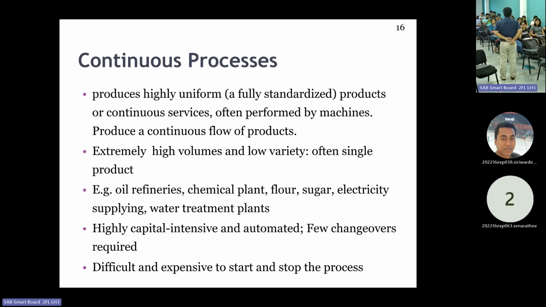And it is expensive also. Per day production, one week of production, a huge amount that they are going to lose. But anyway, they stop only for preventive maintenance or for breakdowns. No other option. Otherwise, such processes will be operated continuously.